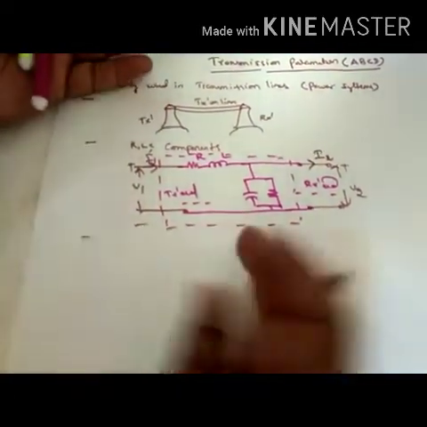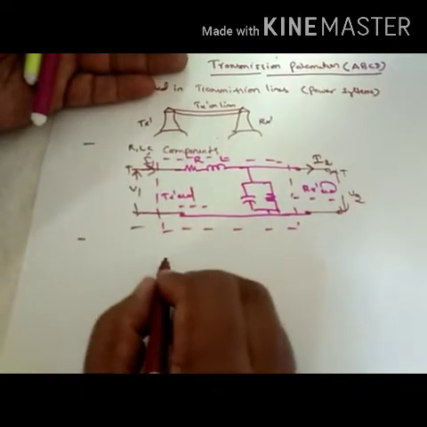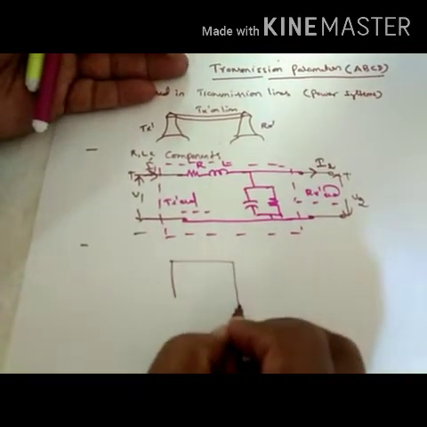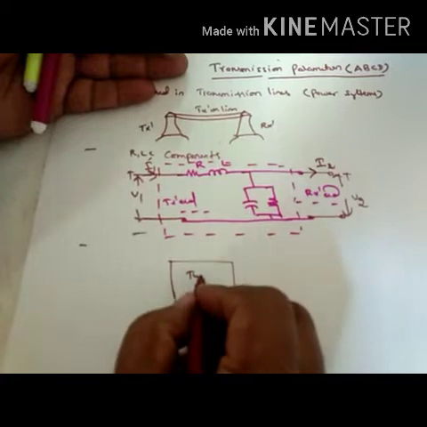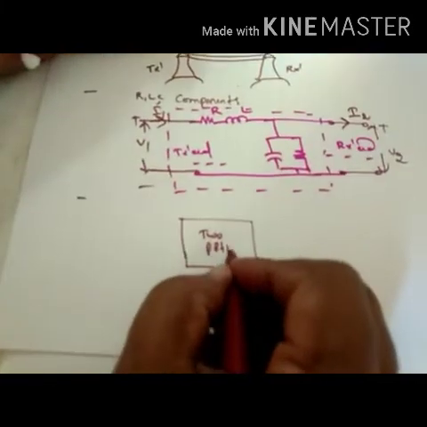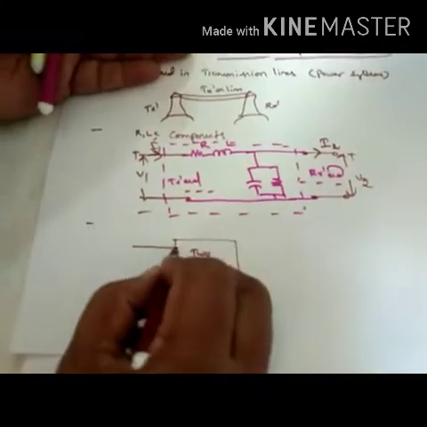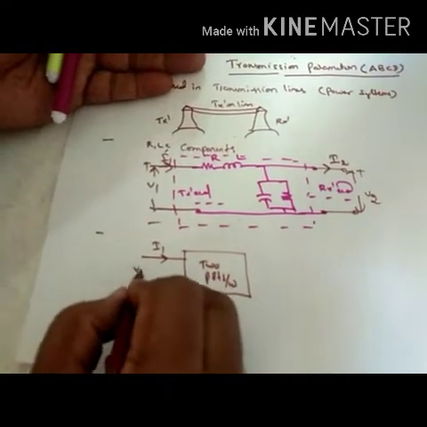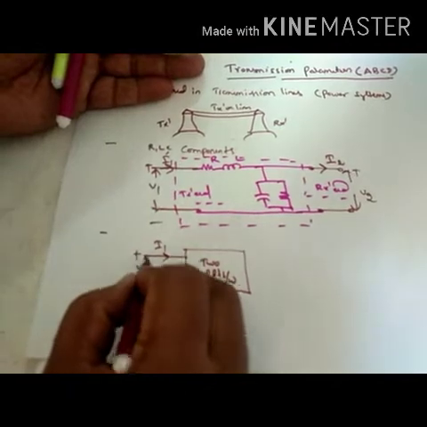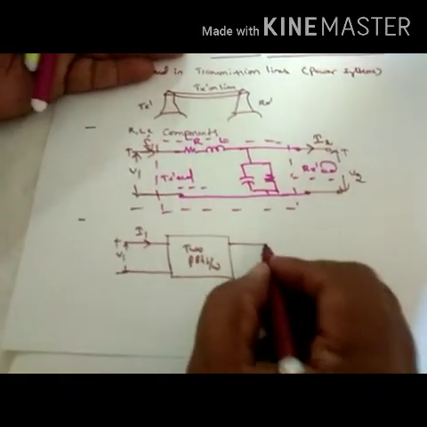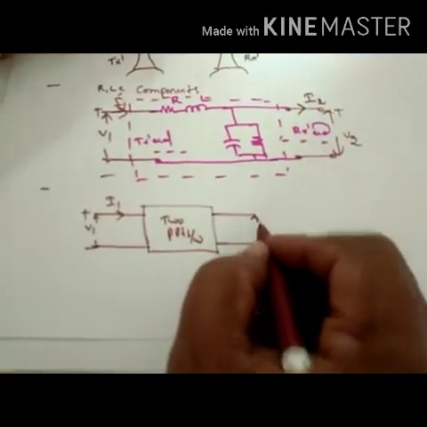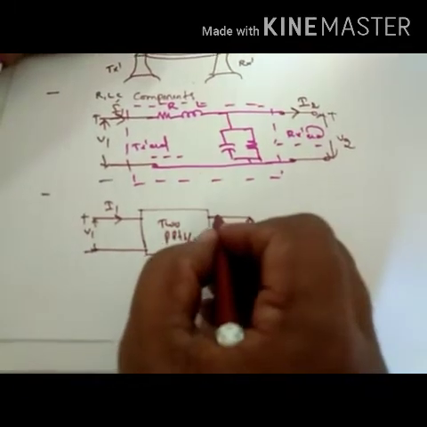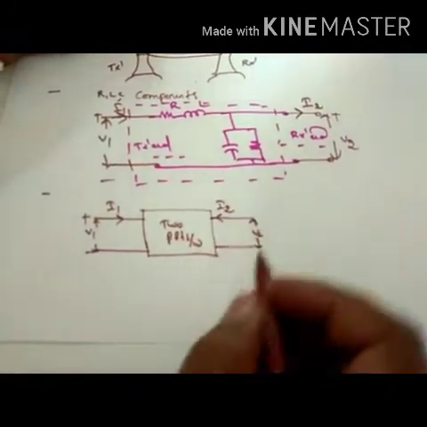Now come to the two-port network. It is a two-port network. The generalized block diagram has I1 current and V1, and here it is V2 and here it is I2.